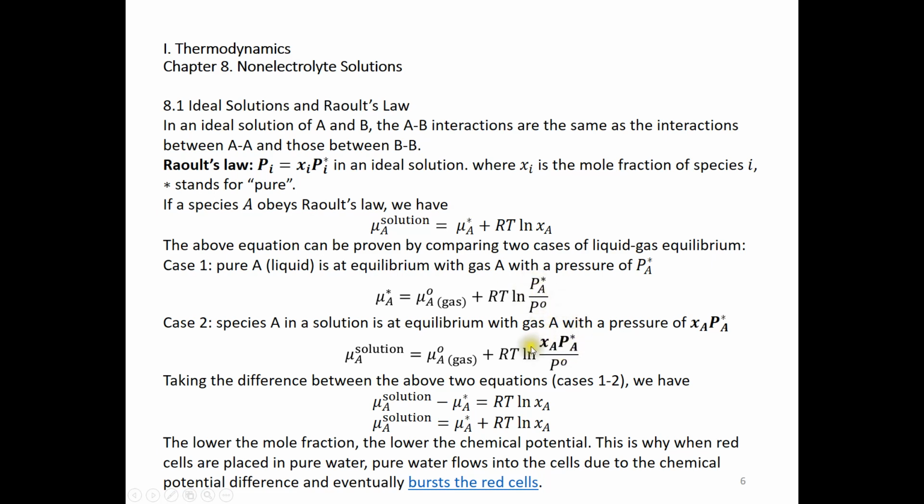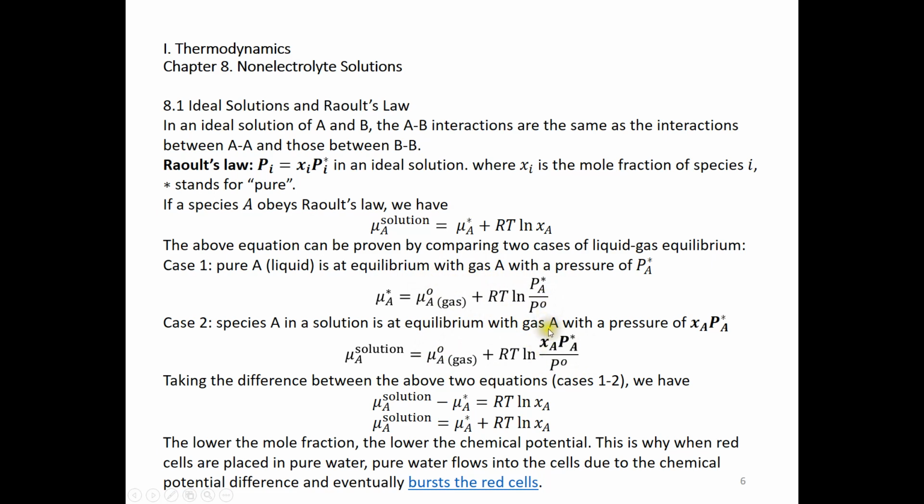So now we're going to compare these two equations. They look very similar to each other. On the left hand side we have the liquid phase, on the right hand side we have the gas phase. So we're going to take the difference. We're going to use this left hand side minus this left hand side, and we're going to use this chemical potential for the gas on top of solution minus this chemical potential for the gas on top of pure A. We take the difference between these two.